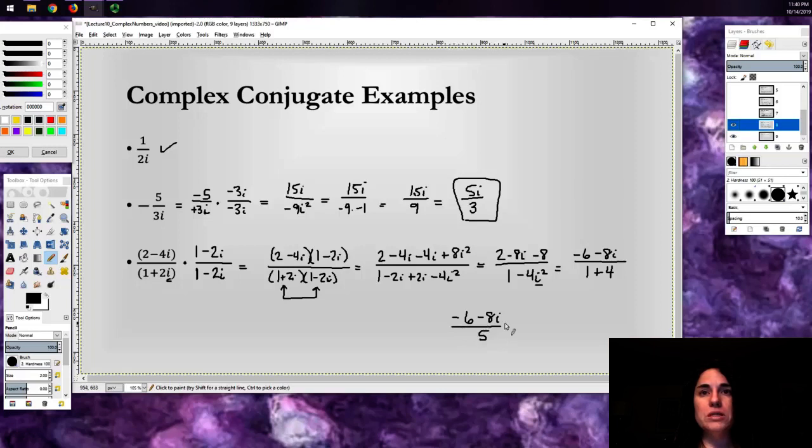That would be the simplest version. An alternate version would be to do this: the negative of the quantity 6 plus 8i over 5. Notice that there's no i in the denominator. We simplified all of this down in order to have the i only in the numerator and a real number in the denominator.